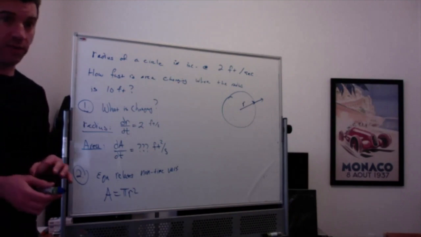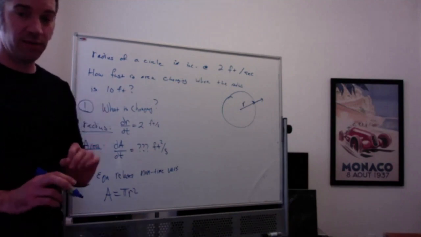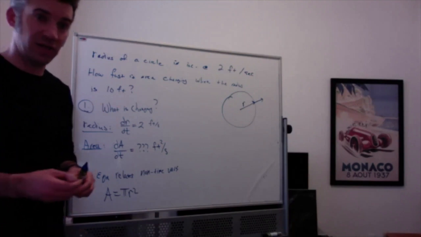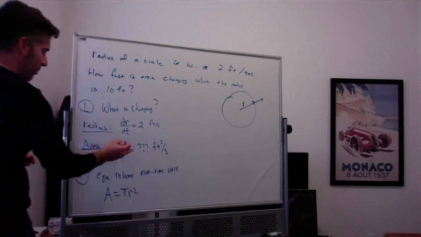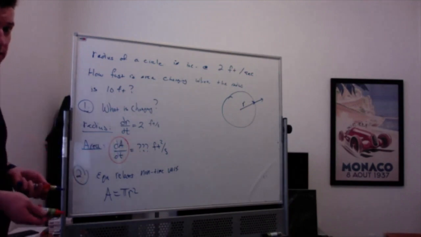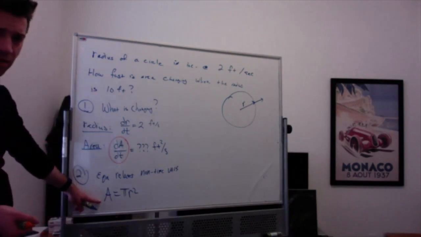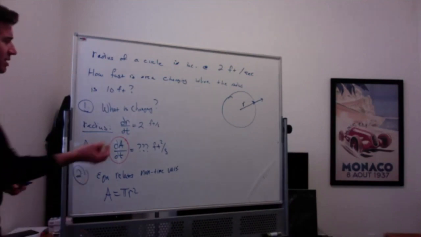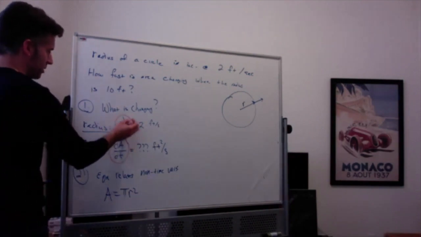All right, I want to make it really clear before we do this next step. I want to find how the area is changing with respect to time. I'm trying to find dA/dt. I don't even see that yet in my formula. There is nothing that says that yet. And I'm also pretty sure I'm going to use dr/dt.